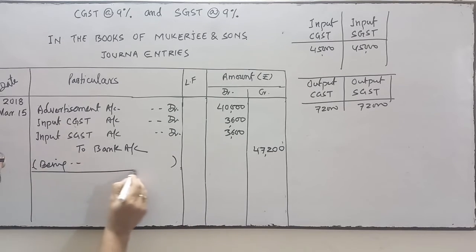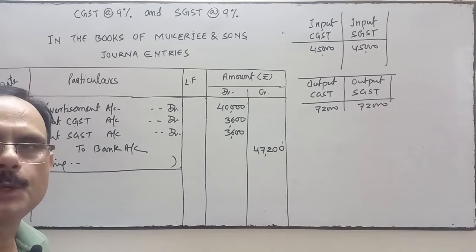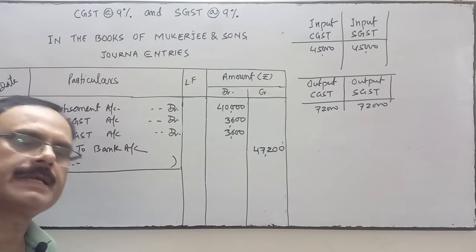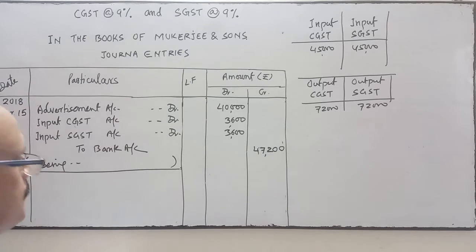In narration you will write, being advertisement paid by check including CGST at the rate of 9% and SGST at the rate of 9%.